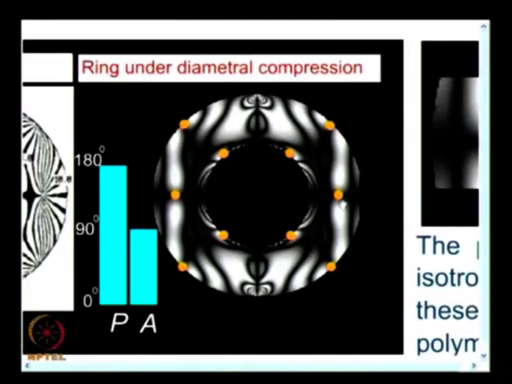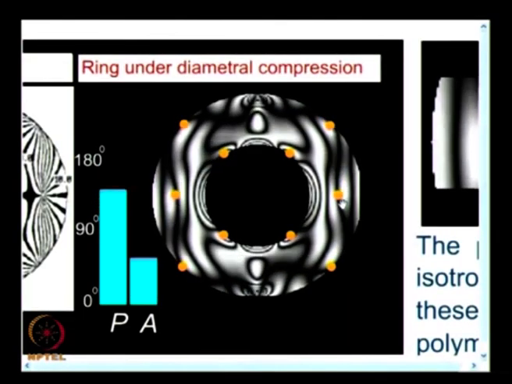Look at here, the complexity is manifold in a ring under diametrical compression. Yes? The other one, in this kind of diametrical compression. Yes. Do we have an isotropic point? You do not have an isotropic point. But we do have 0th fringe order. That is not the intention there. See, the definition of an isotropic point is where all the isoclinics pass through.